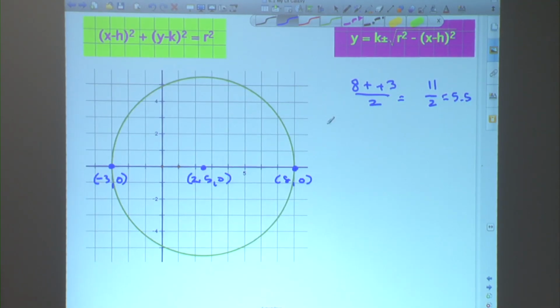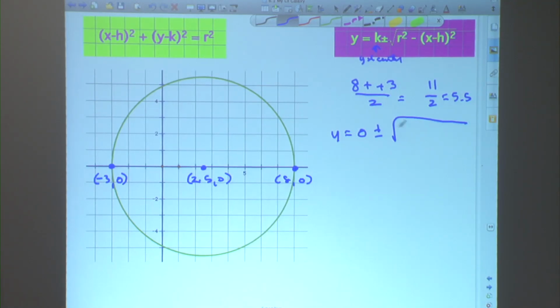Now what does K stand for? Why of the center? Y of the center. Okay, and our y value of the center is 0. So it's going to be y equals 0 plus or minus the square root of 5.5 squared.